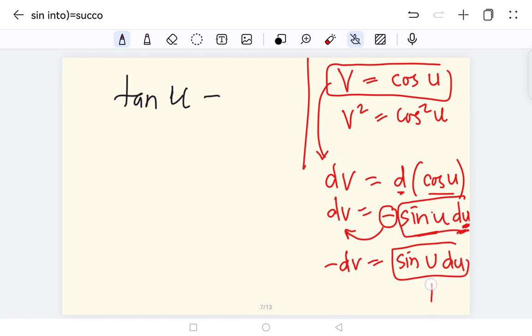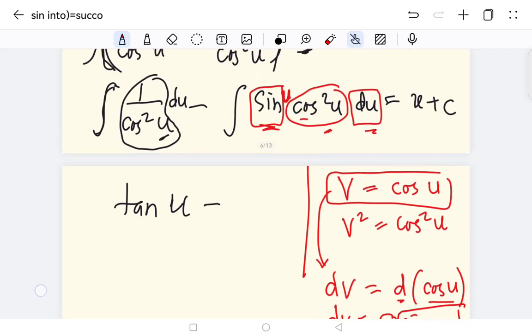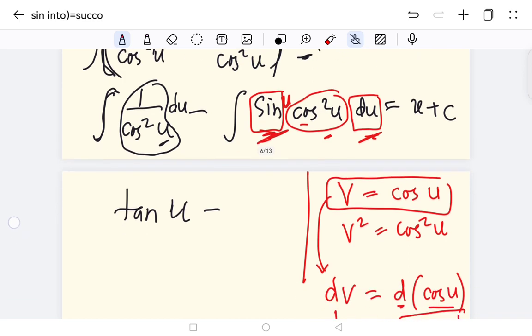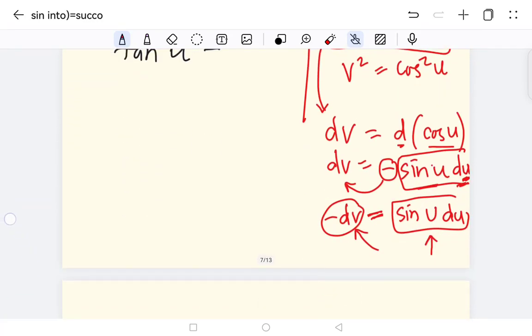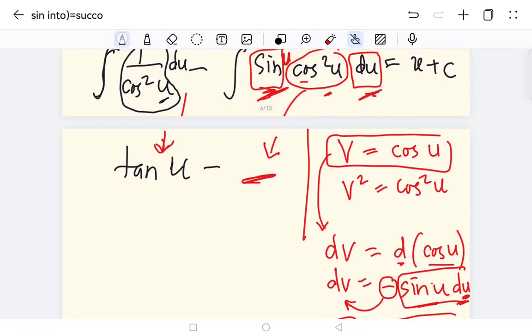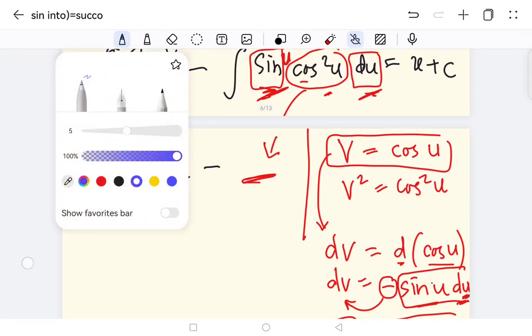So you can replace this as this, because this is the value of negative dv. So this and this is negative dv. All right, this one that we need to solve here.